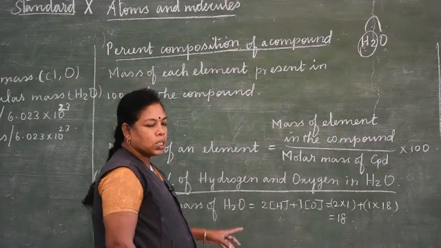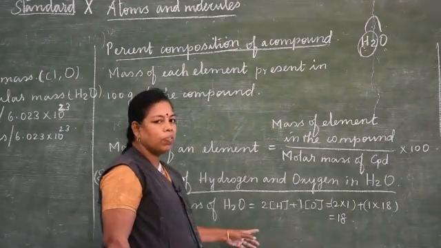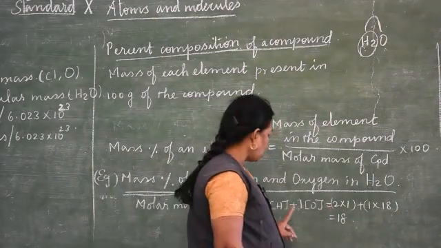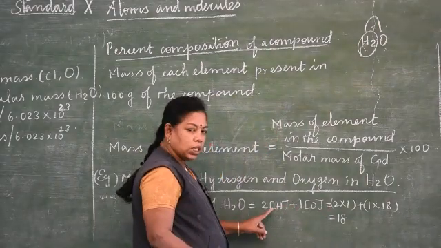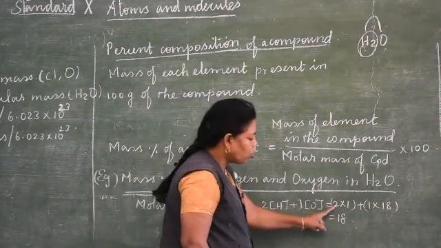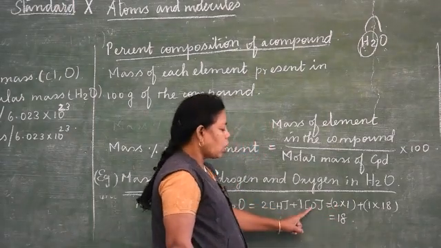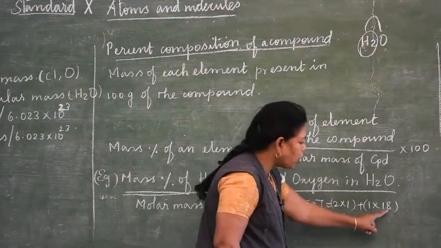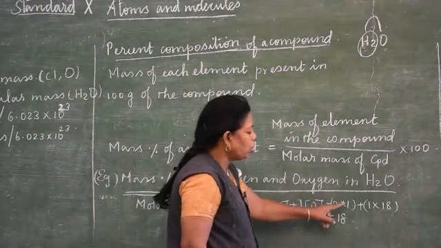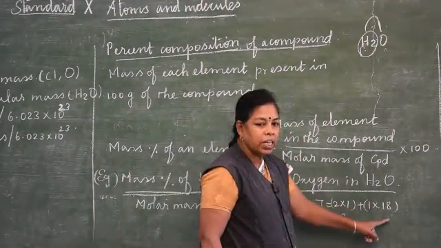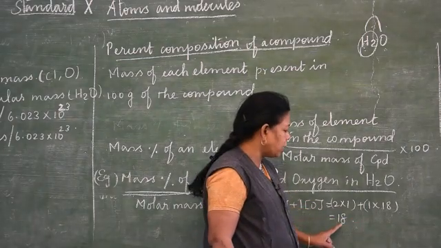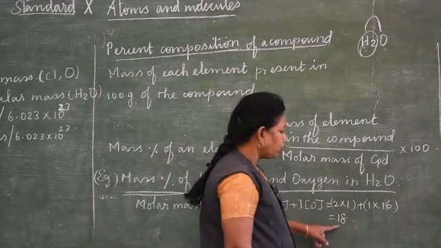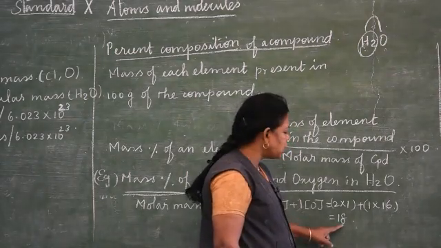We have to sum up the atomic masses of the elements present in the compound. The atomic mass of hydrogen is 1, so 2 into 1 is 2, plus 1 into the atomic mass of oxygen, 16, is 16. When we add them, we obtain 18. This is the molar mass of water.